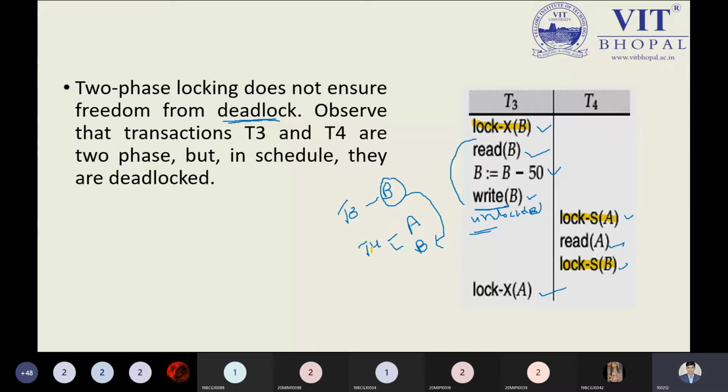So observe the transactions T3 and T4 are two-phase, but in the schedule they are deadlocked. So deadlock here we have, but we are part of the two-phase. Here we have only the growing phase showing over here, but suppose after this point I'm using the unlock. Let me write one more part correctly over here.